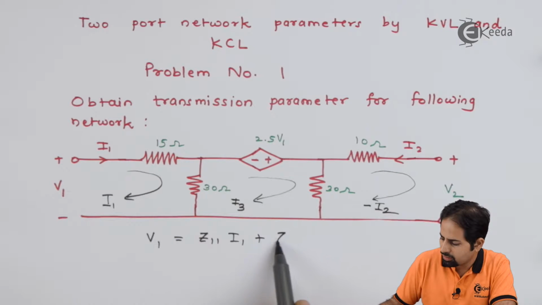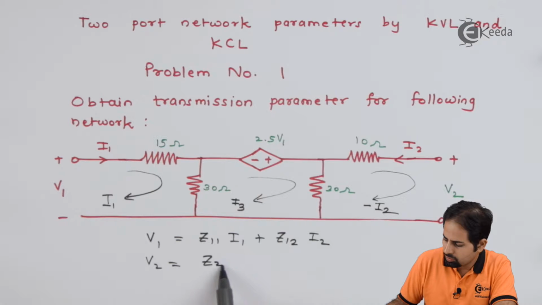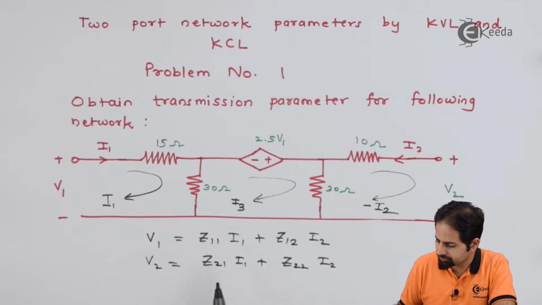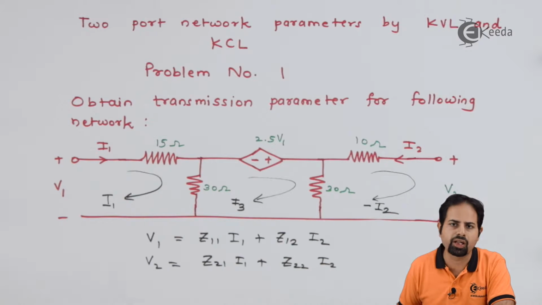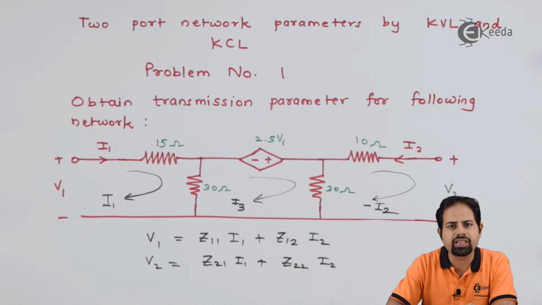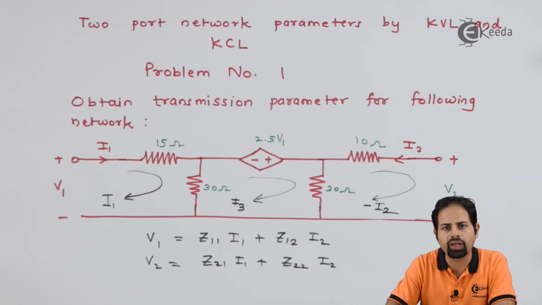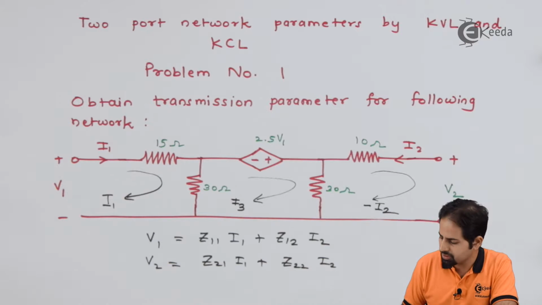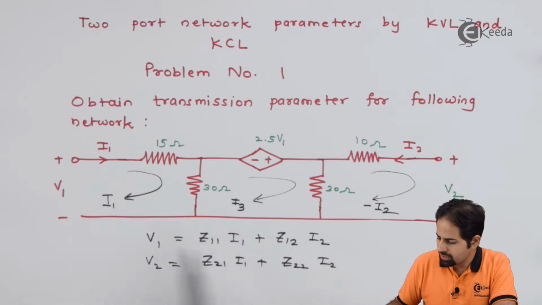So Z11 I1 plus Z12 I2 and V2 equal to, and once we get the voltage equations, anyway we are applying KVL, so we will get voltage. In fact, when we apply KVL, we do get Z parameters. This is the conclusion. So we will get the Z parameters, and once we get Z parameters, by using the conversion formulae, we can easily get transmission parameters, that is T parameters or ABCD parameters. So let's solve these loops.